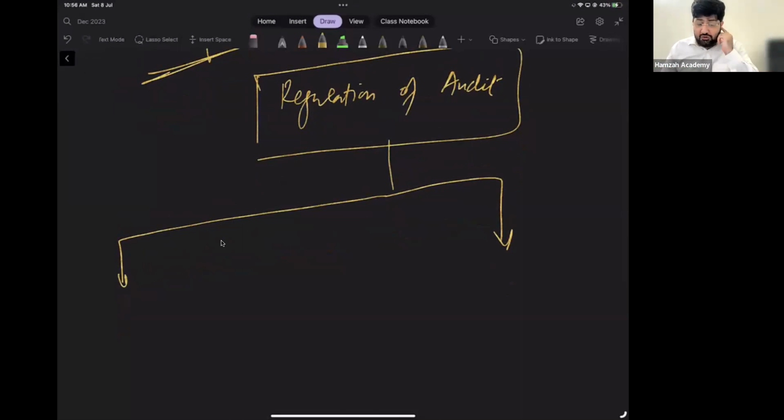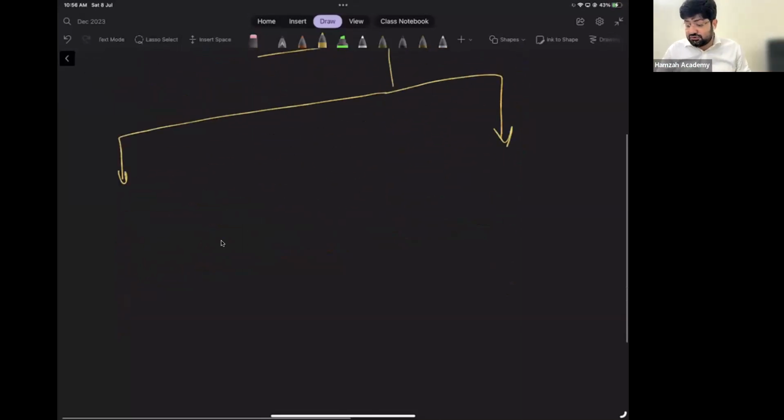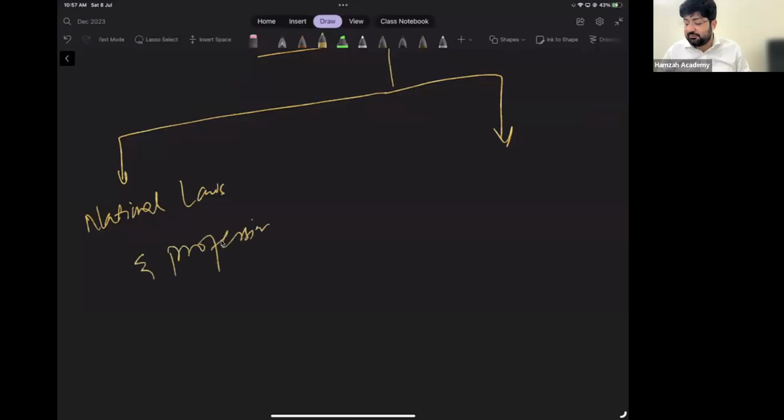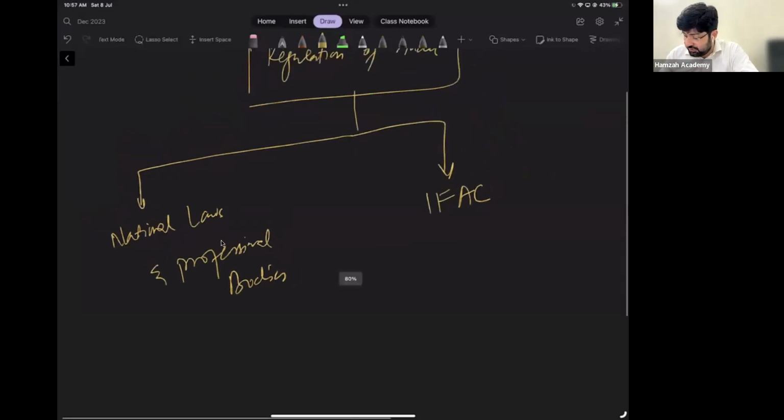So regulation of audit is done from two sources. Number one, national laws and professional bodies. The second is IFAC. Students, two sources to regulate the auditor.